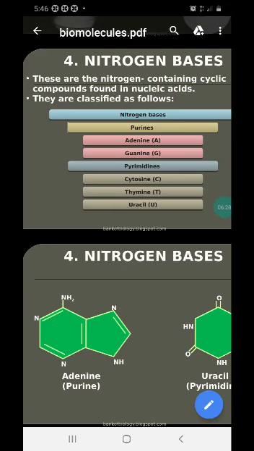So far you've studied organic compounds with long chains or straight chains, right? There are also compounds in organic chemistry which are cyclic. What do you mean by cyclic? Ring shaped.